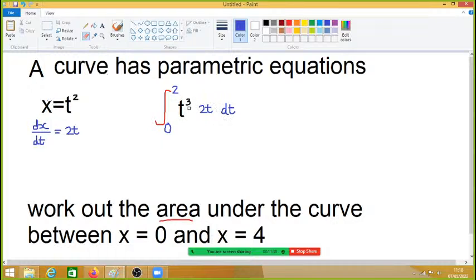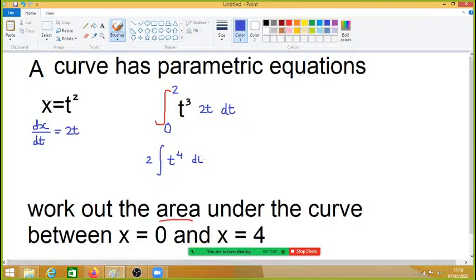So let's integrate that. You've got 2t cubed times 2t. Let's simplify first. The 2 can come to the front if you want. T cubed times t would be t to the power 4. So this is the integral of 2 can come to the front, and I've got t to the power 4 dt.